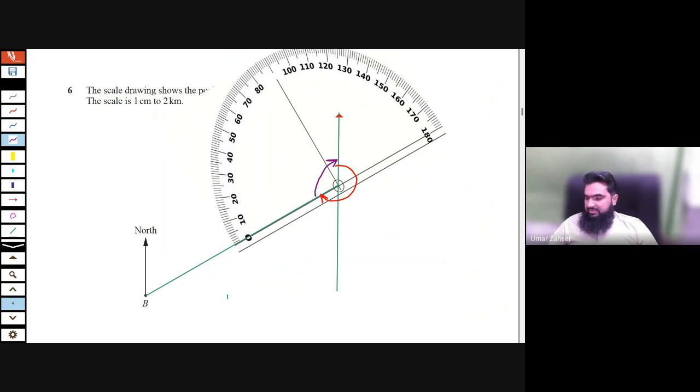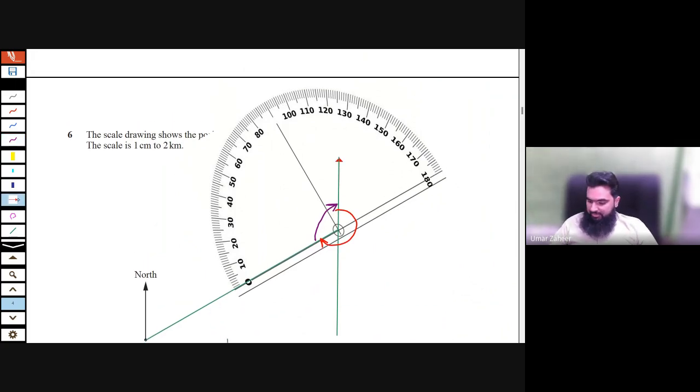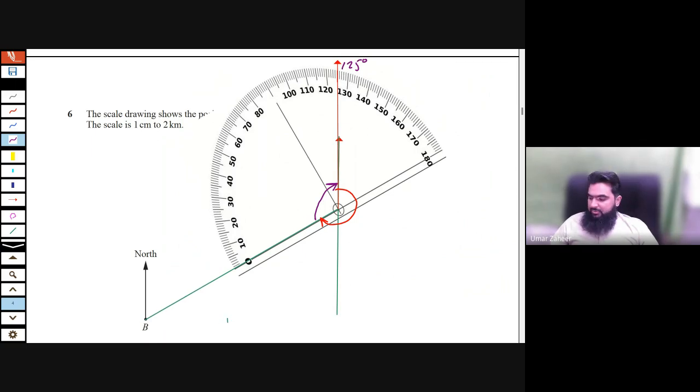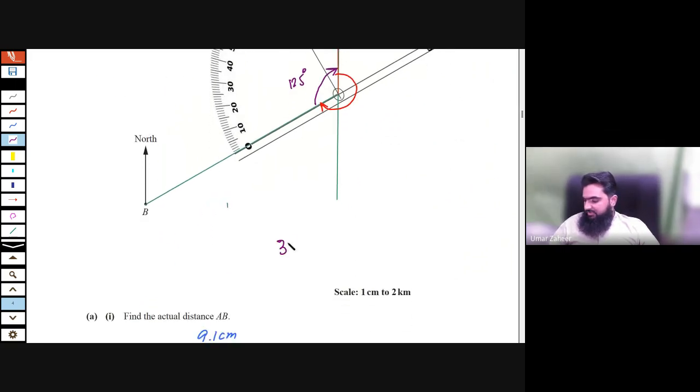This angle is going to look like, in this case, 125 degree. So you have to subtract from 360, so you will get this angle. It is 360 degree minus 125 degree.